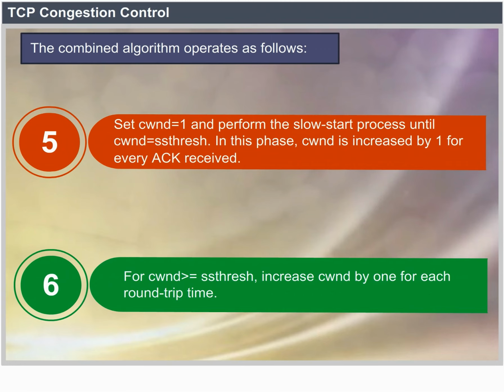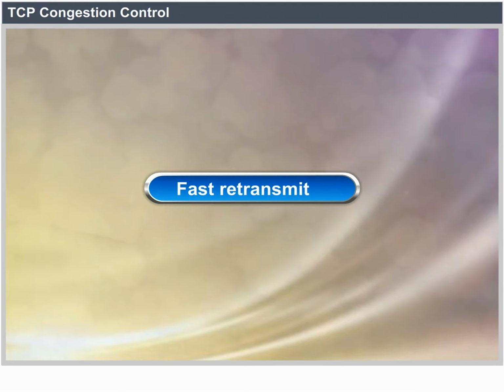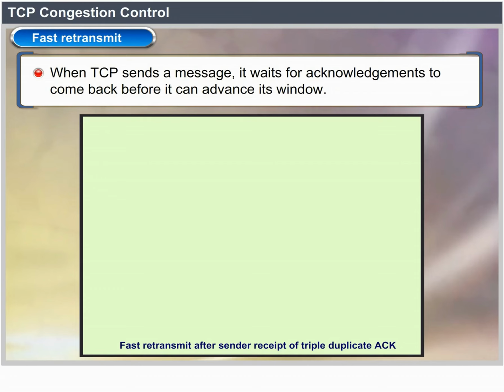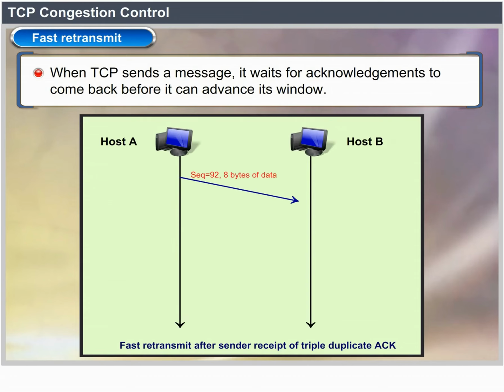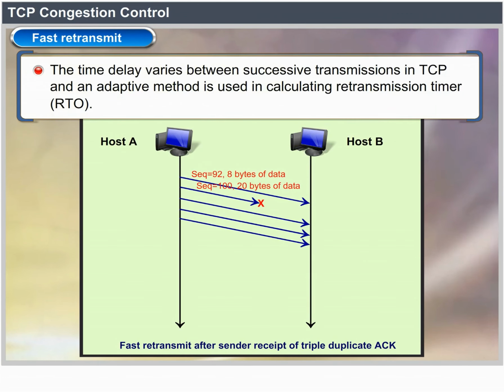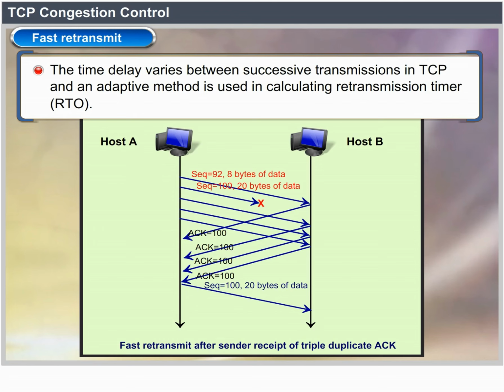Fast retransmit. When TCP sends a message, it waits for acknowledgements to come back before it can advance its window. The time delay varies between successive transmissions in TCP, and an adaptive method is used in calculating the retransmission timer RTO.